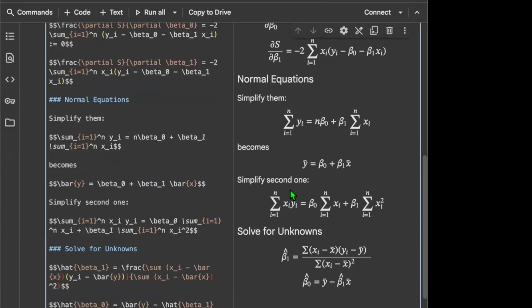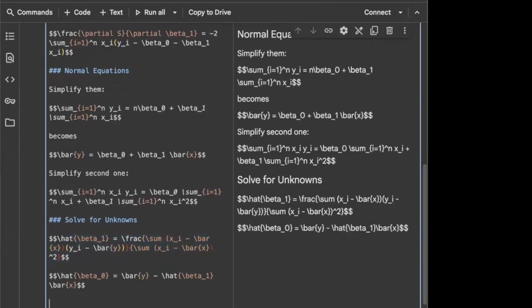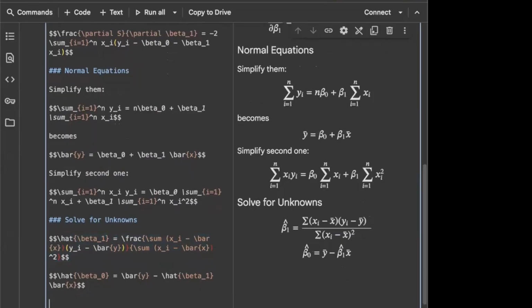So that's the final solution if you solve for these two equations that we set up, right? And once you solve it, you realize that beta 0 and beta 1 carry this kind of formula. One thing that's interesting about beta 1 is that we can rewrite the estimate for beta 1 to be the following.